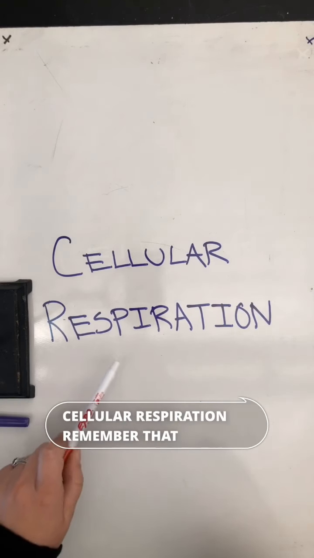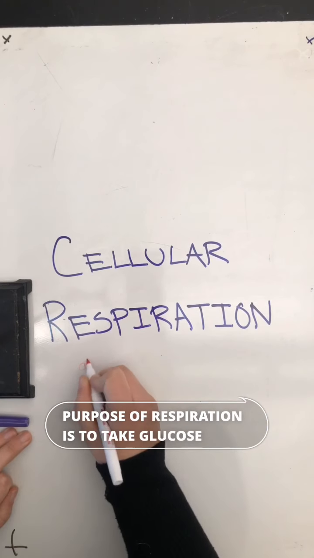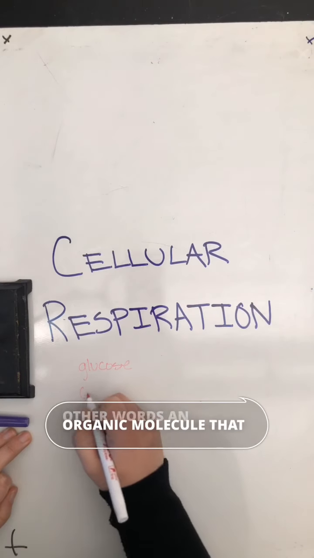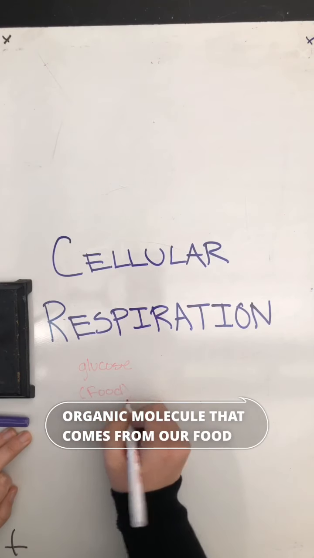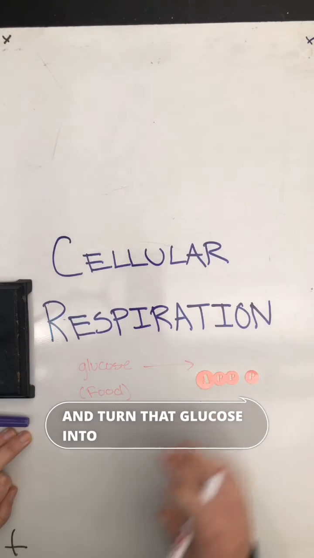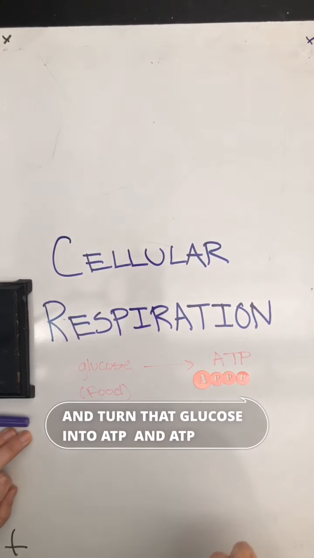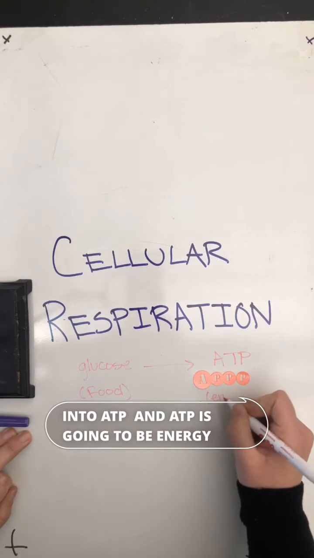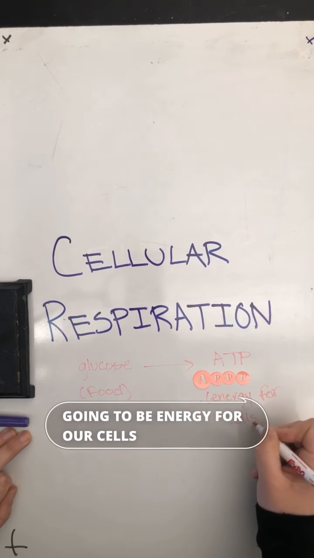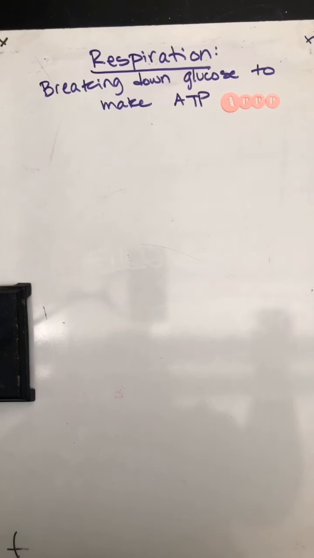So remember, the purpose of cellular respiration is to take glucose, an organic molecule that comes from our food, and turn that glucose into ATP. And ATP is going to be energy for our cells. So this is the entire point of cellular respiration.